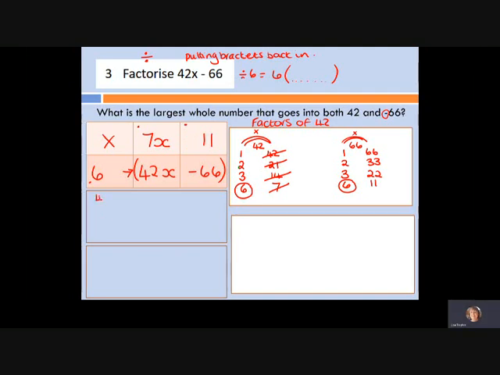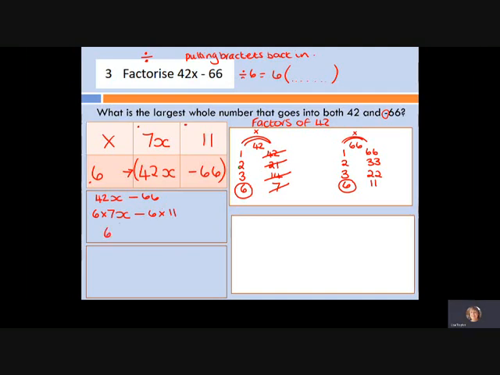So here we've got 42x minus 66. What we just did, essentially, is we worked out that 6 lots of 7 times x gives you 42x, and 6 lots of 11 gives you minus 66.